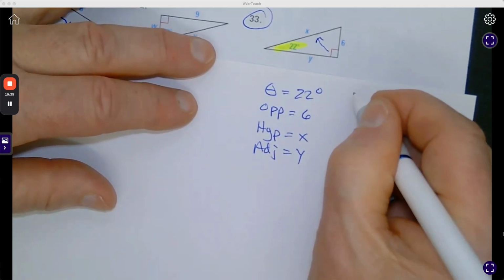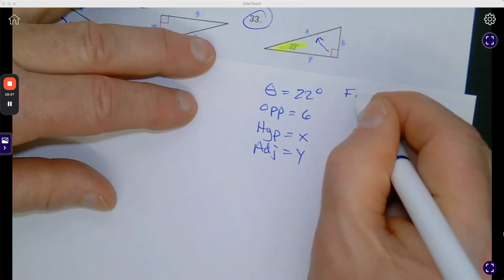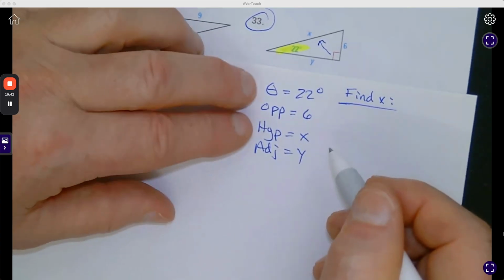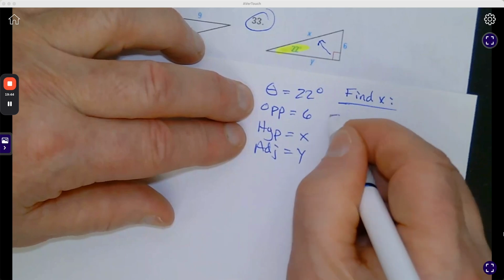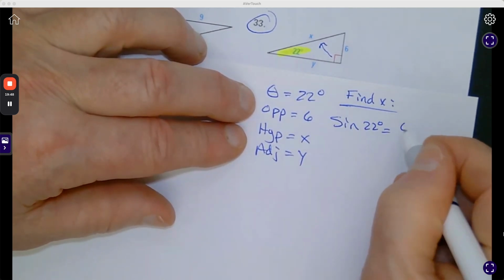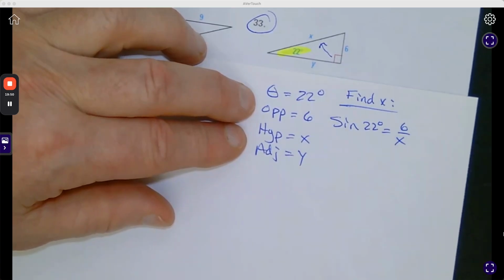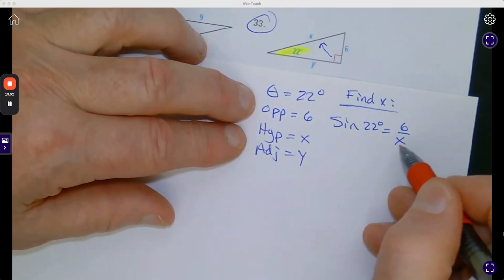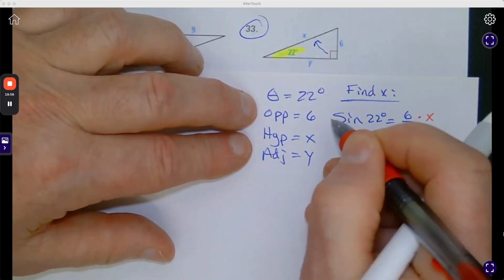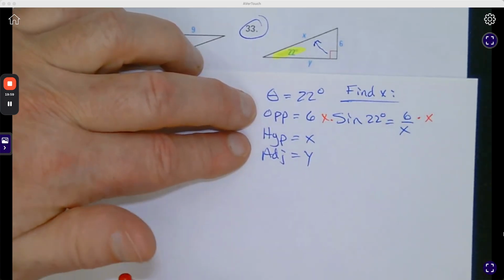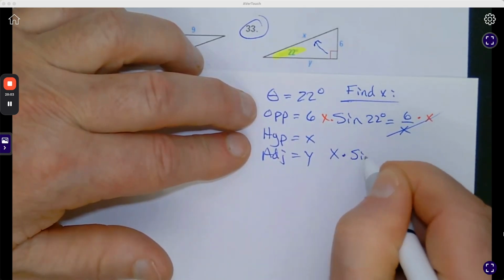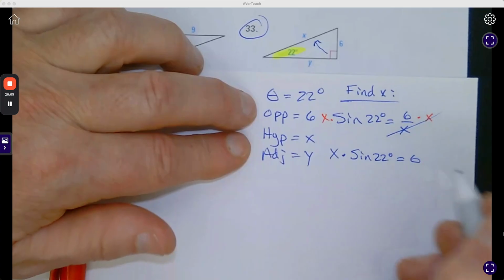Okay, let's find X. Now we're going to find X by doing opposite and hypotenuse. That's sine. Okay, this is tricky. Notice your variable is in the denominator. Can't have that. So you got to get the variable out of the denominator. So I'm going to multiply by it. That gives me x times sine of 22 degrees equals 6.